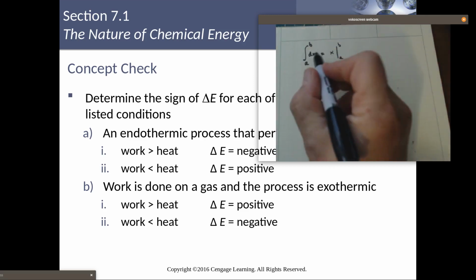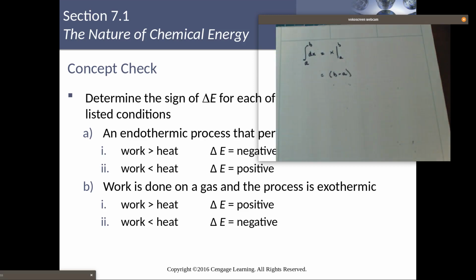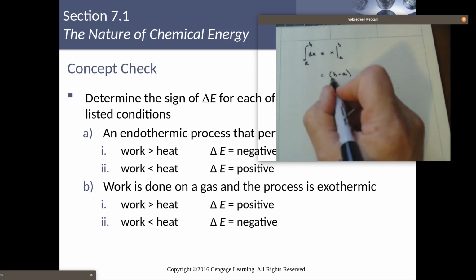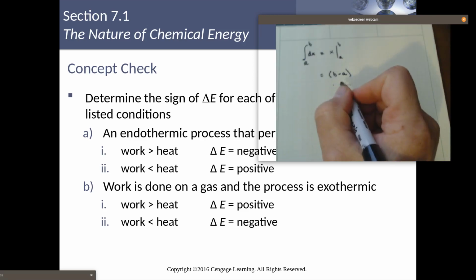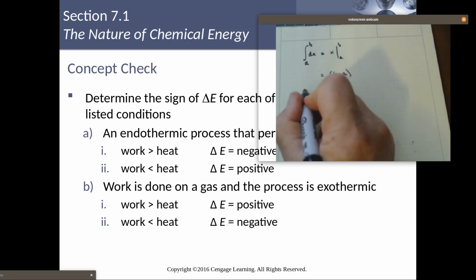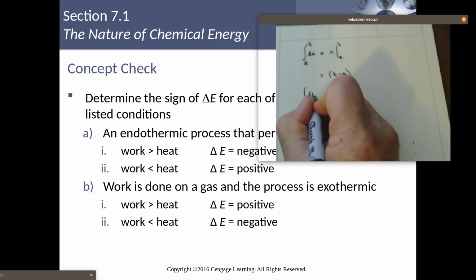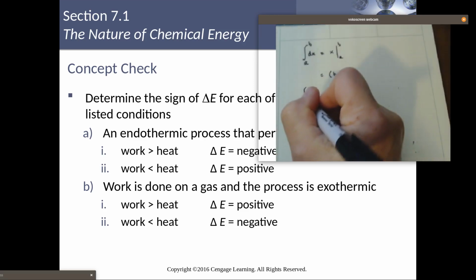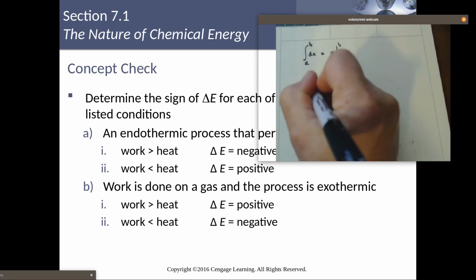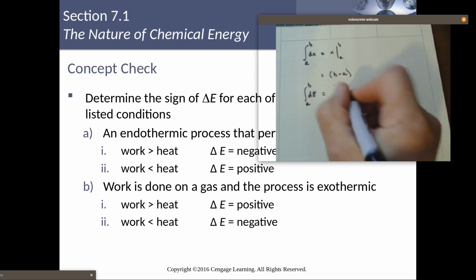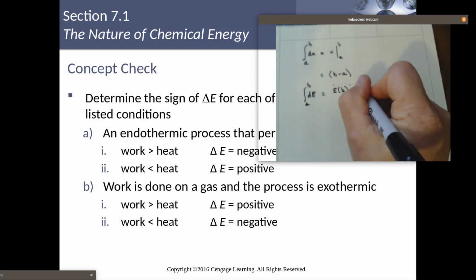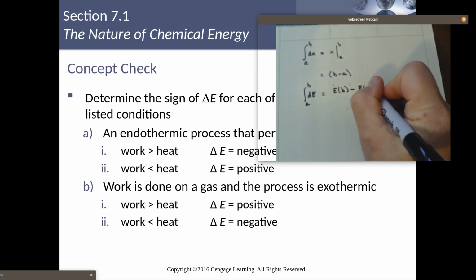And so dx is an exact differential, and this is the final value, and that is the initial value. So I could easily say that dE, going from state A to state B, is simply E at state B minus the energy at state A.